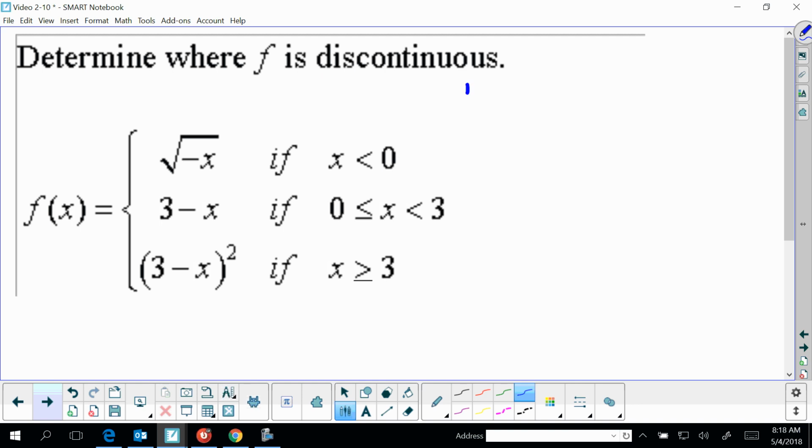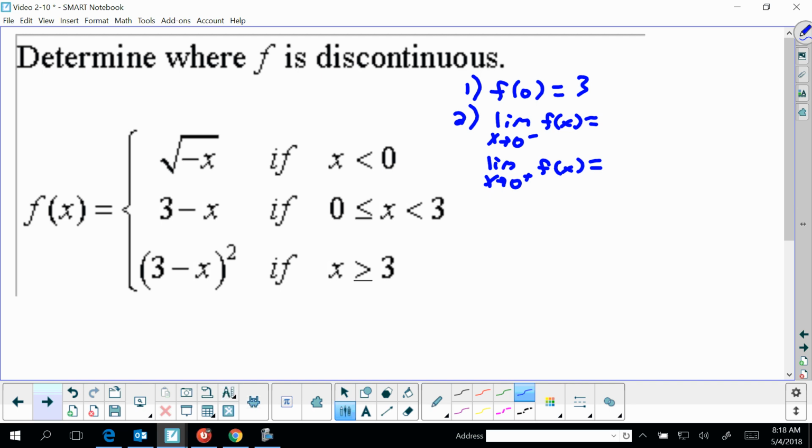So we're going to do step 1, we'll do it for 0 first. So we'll do f of 0. The interval that includes that is the middle one. 3 minus 0 is 3. Step 2, we'll do the limit as x approaches 0 from the left of f of x, and the limit as x approaches 0 from the right of f of x. So left of 0 would be the top interval.